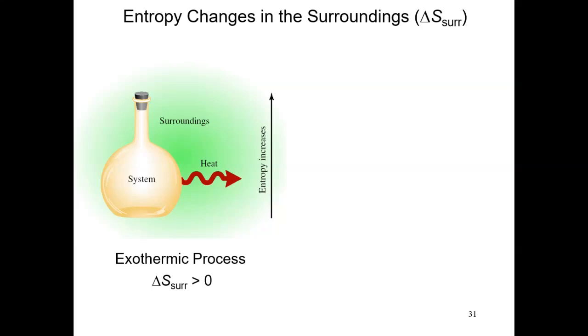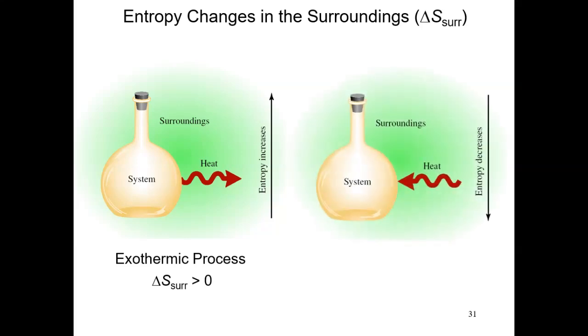Let me give you a few seconds to process that. Think about it. I'm putting heat into the surroundings, which means the surroundings have more kinetic energy, more motion of particles, more microstates, therefore greater entropy. Now let's consider a system that undergoes an endothermic process.